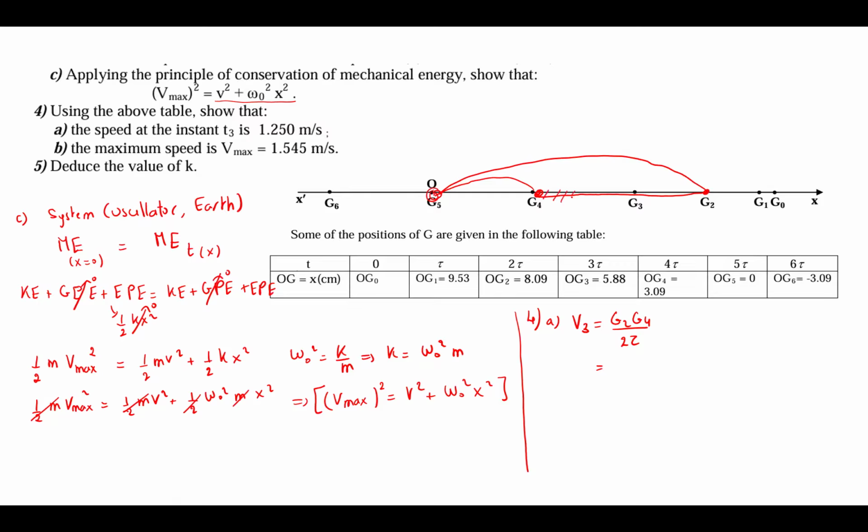So in order to find this value, G2 G4, I can say it's equal to OG2 minus OG4, because we have the values from the origin, it's here and not from this way. So over 2 tau, I have the values, but I have to pay attention, it's in centimeter, so it will be 8.09 minus 3.09 times 10 to the power negative 2, over 2 times 20 times 10 to the power negative 3, because we also have it in millisecond.